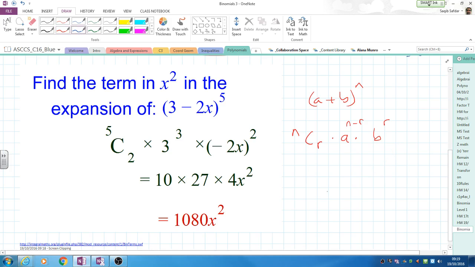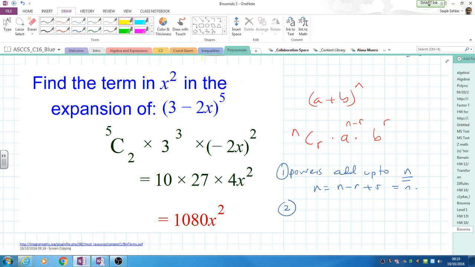So remember, the powers add up to N. So N equals N minus R plus R, which is N. And so that's the first thing. And the second thing to note is that this small part here, R, is always going to go on the B as a power. It'll always go on the second term.